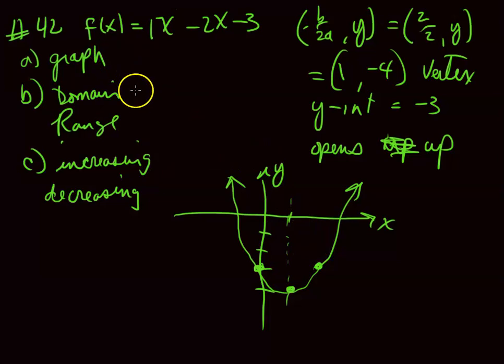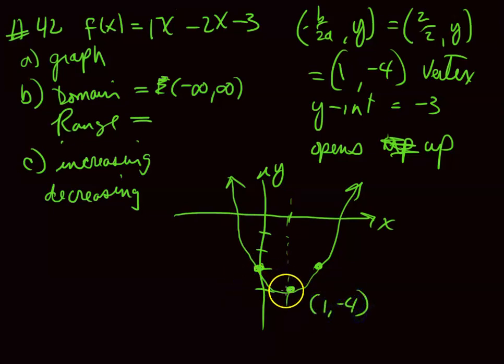What is the domain? Well, it looks like it's all the reals. If you do that in interval notation, parentheses, negative infinity to infinity. The range starts at this negative 4. So this is 1, negative 4. The range starts at negative 4 and goes to infinity, and negative 4 is included.